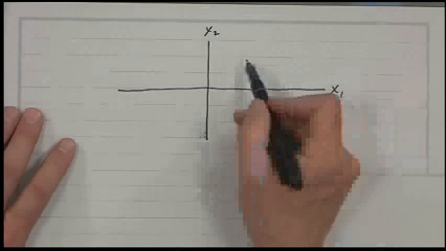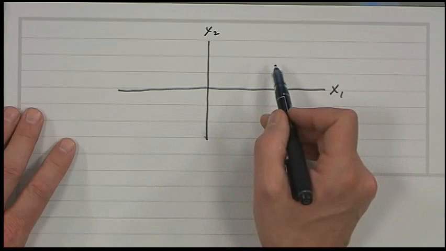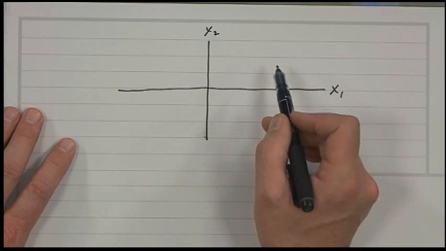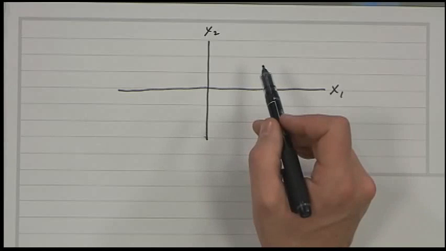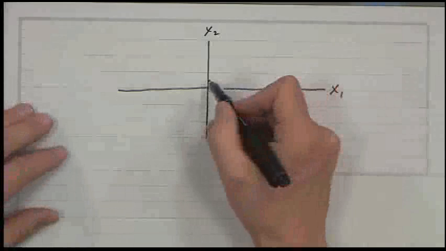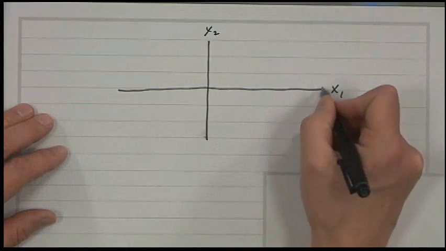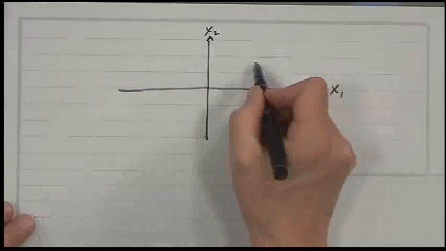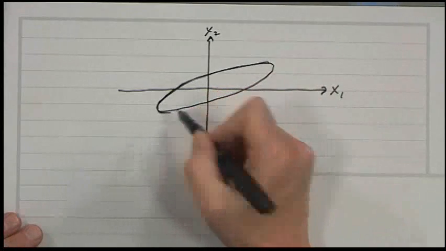The contours of the probability density for a multivariate Gaussian are ellipses. So it's just some ellipse. An ellipse is defined by its axes, right? Its eigenvectors. You know this from the lab. So it's like this. And it's zero mean, so it's centered.